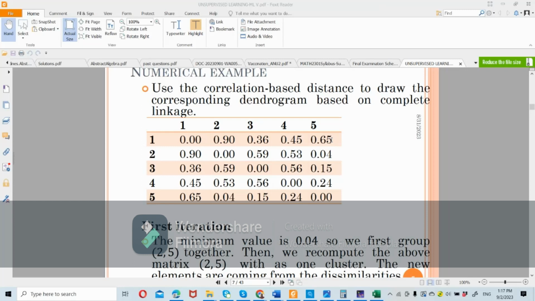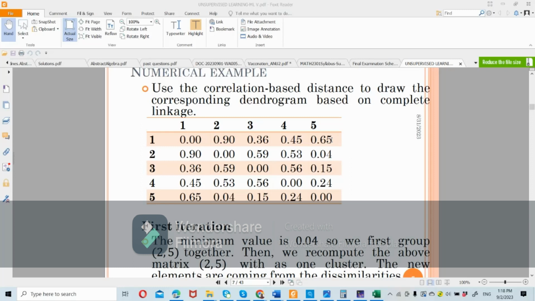We have 5 variables altogether, and the correlation matrix is already given. When we look at this table, we look at the least value apart from the diagonal, which is 0.04. It falls between 5 and 2, so we merge 2 and 5 together. That will form a cluster, and we proceed from there.